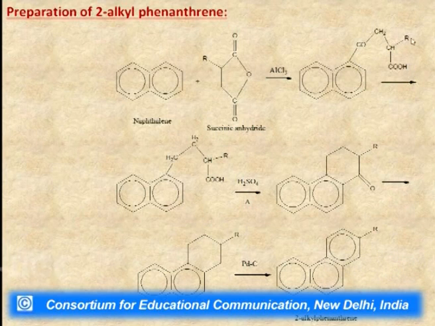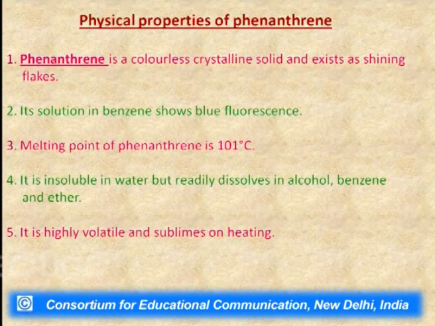Since we have already taken the alkyl part in the succinic anhydride, this reaction is almost the same as the Haworth synthesis, and in this reaction the final product will have this methyl or alkyl part at carbon number 2, and we will get here the 2-alkyl phenanthrene.